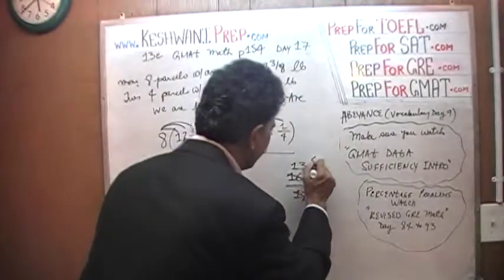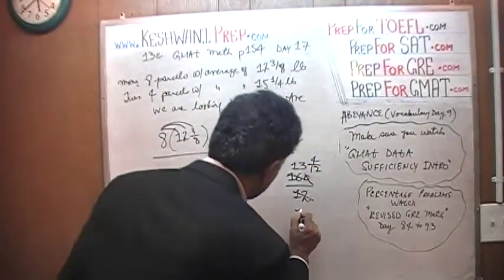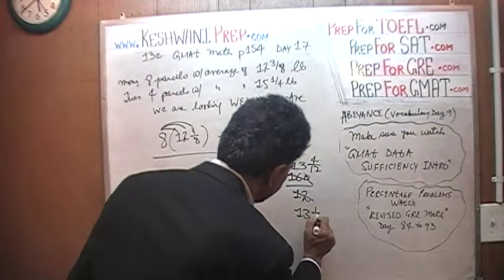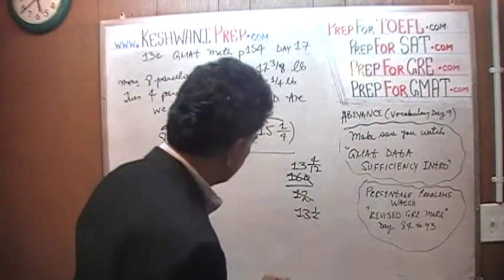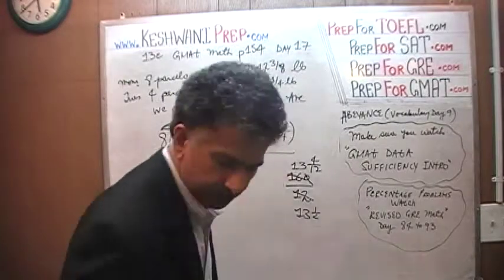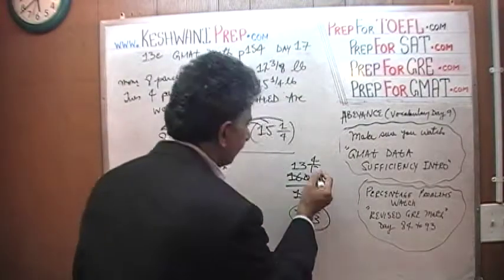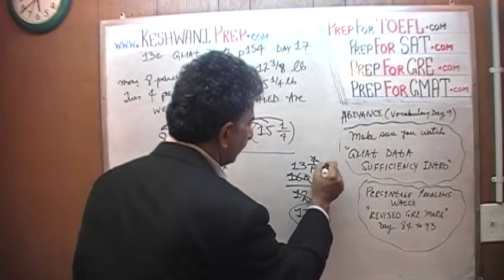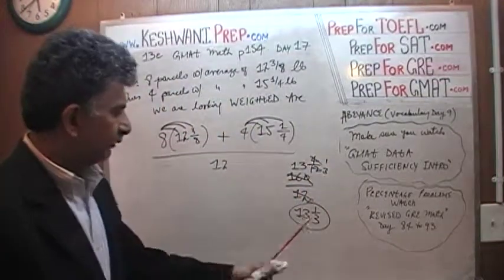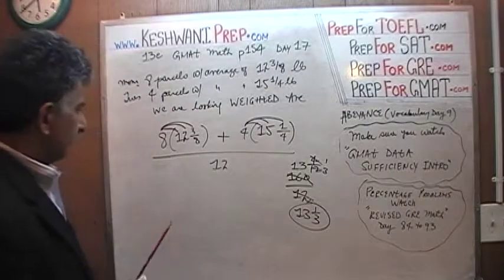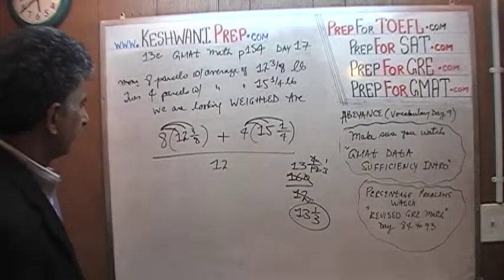So it's 13 and 4/12. 13 and 4/12 is the same as 13 and 1/3, because 4 divided by 12 is 1/3. 13 and 1/3. That's your answer. I should have erased all the work that we did before, but that's okay.